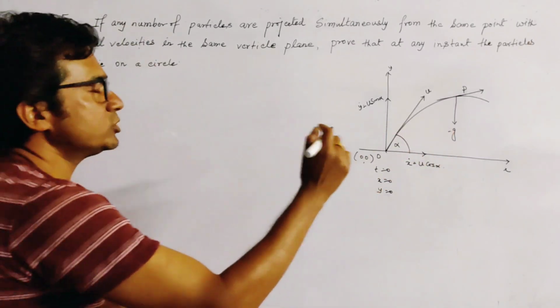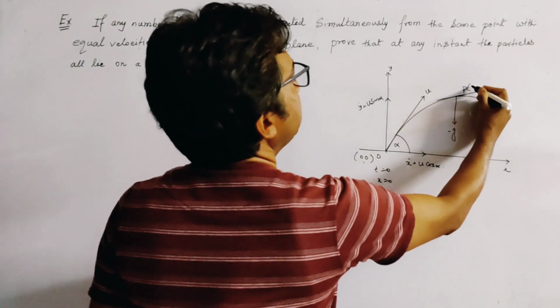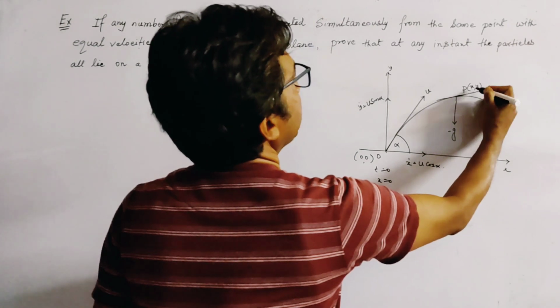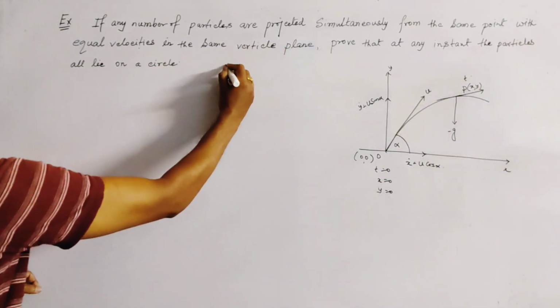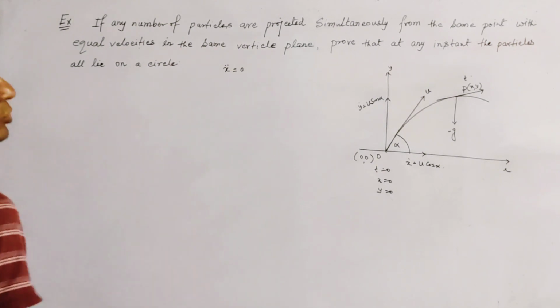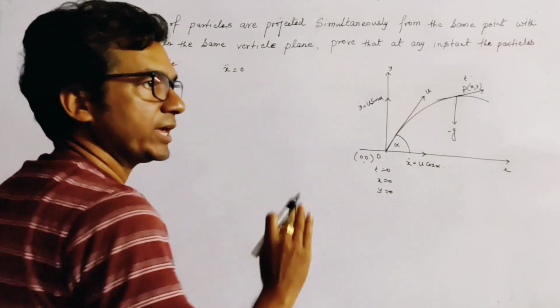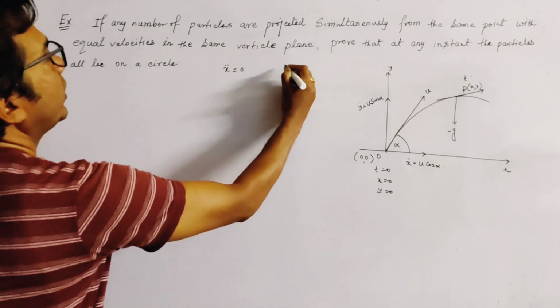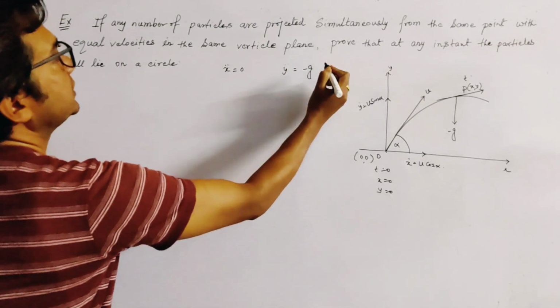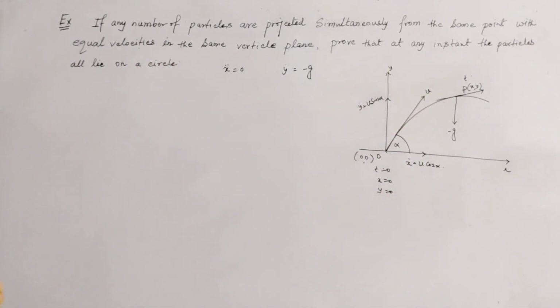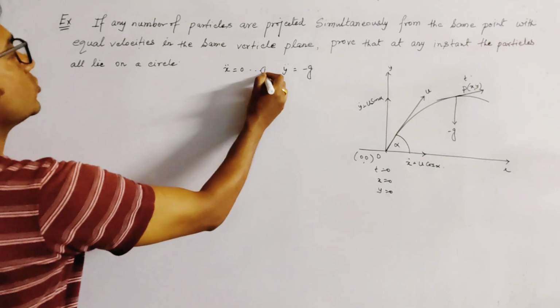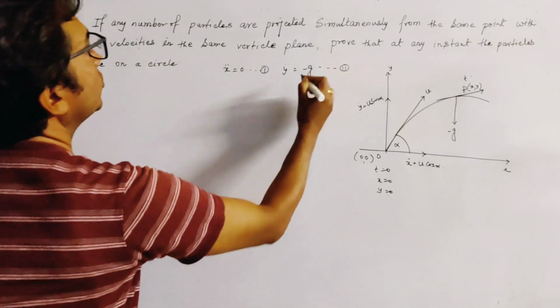So the equations of motion of the particle at any time t at x, y are: x double dot equal to 0, because there is no force along the x-axis, and y double dot equal to minus g, because there is only one force and this is in the negative direction of the y-axis. This is 1, this is 2.